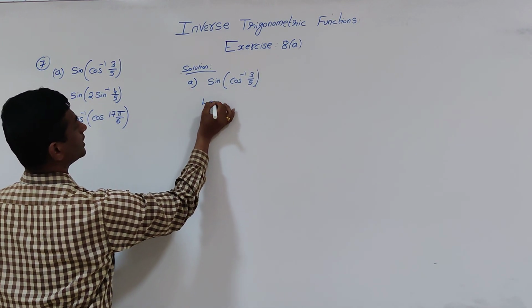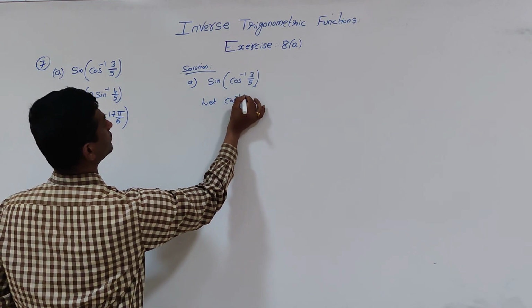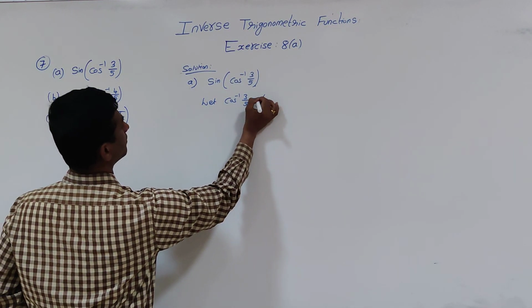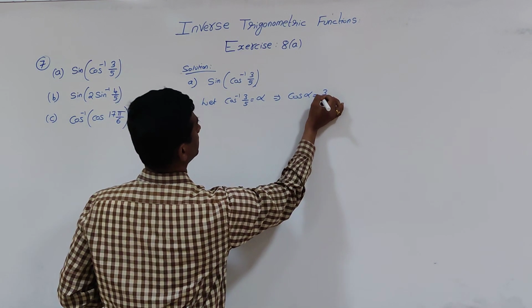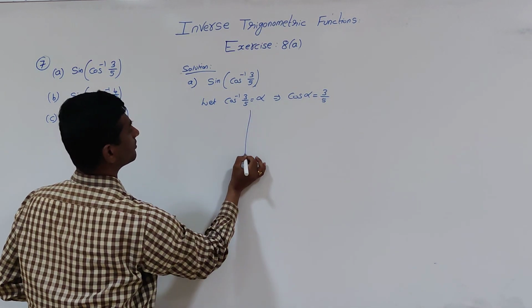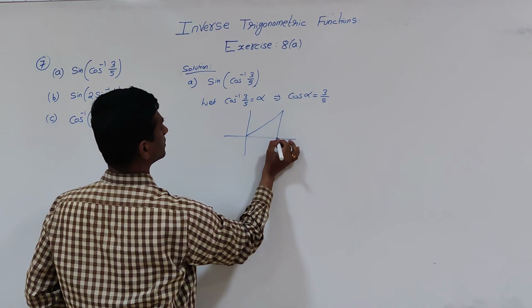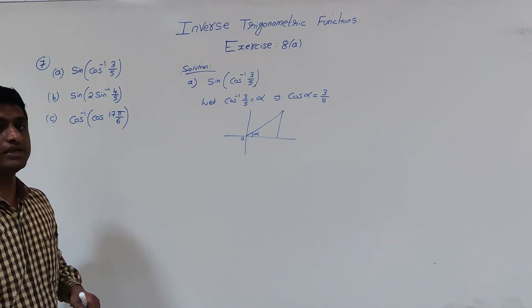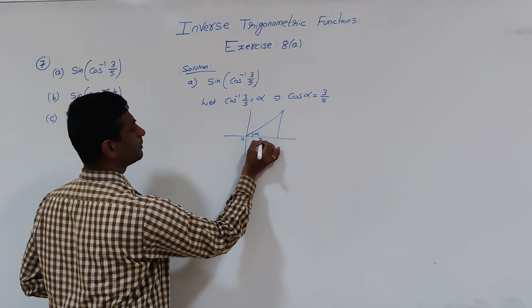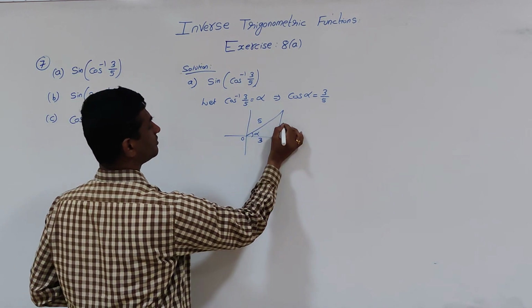Assume that cos inverse of 3 by 5 is alpha, which implies cos alpha is 3 by 5. Now go for a right angle triangle for alpha. Cos alpha is adjacent side by hypotenuse, and the remaining side will be 4.